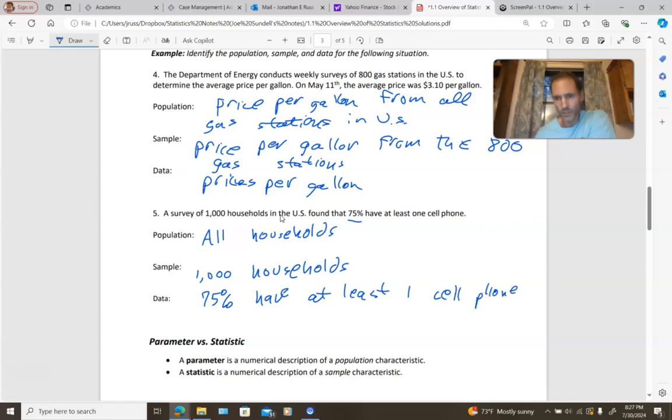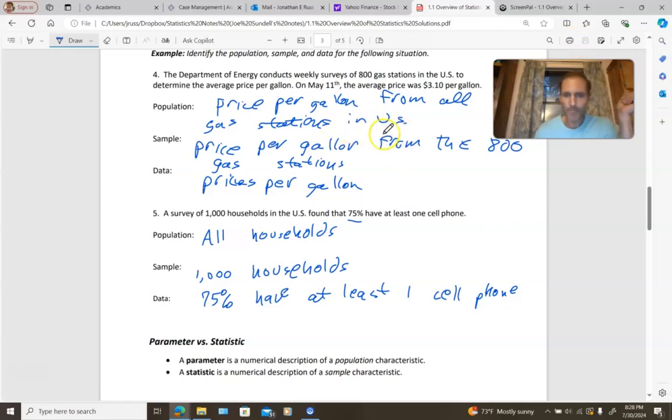If you were conducting this poll of these 1,000 households, the data would actually be yes or no responses. And then you would figure out how many of those yes responses we got. Well, if we sampled 1,000 households, then roughly 750 were yes responses, and the other 250 roughly would have been no responses. So then we can say that 75%.